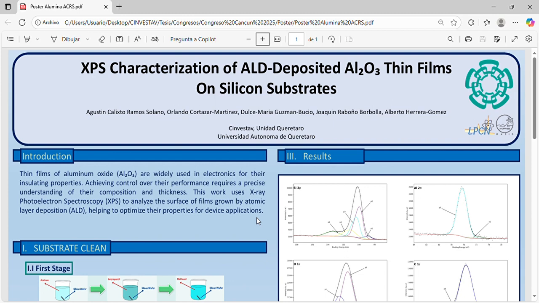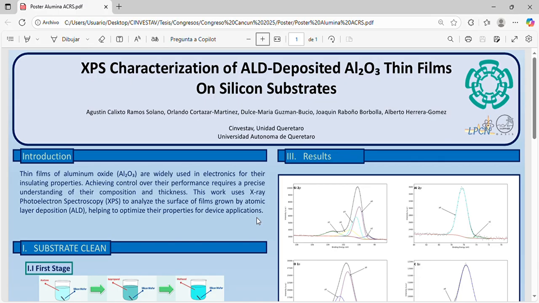Thin films of aluminum oxide are widely used in electronics due to their excellent electrical insulation properties. To achieve greater control over their performance, it's necessary to have a precise understanding of their composition and thickness.